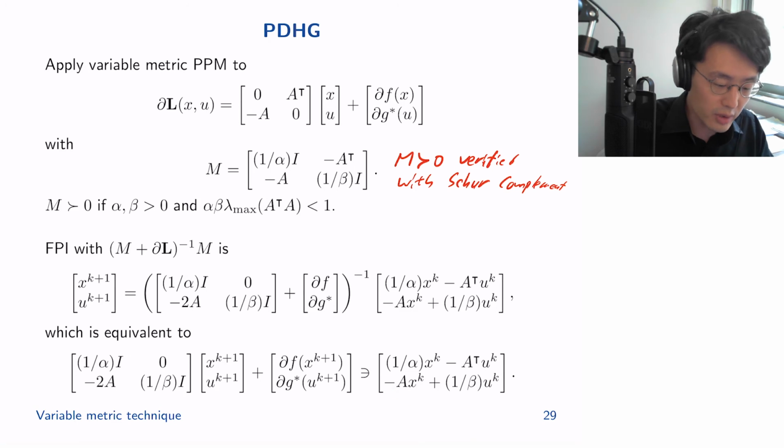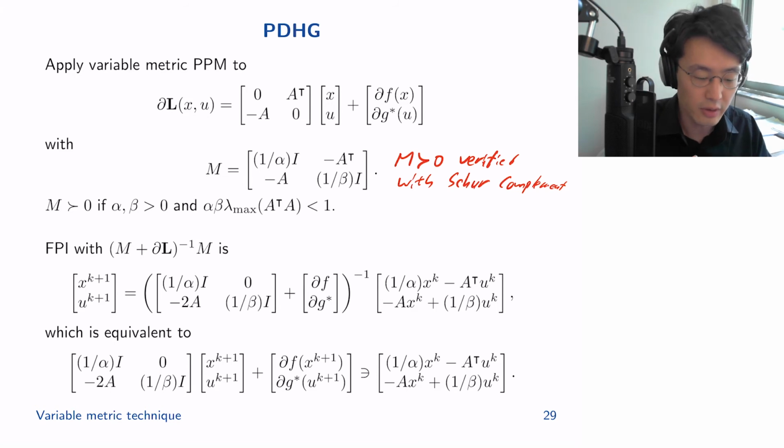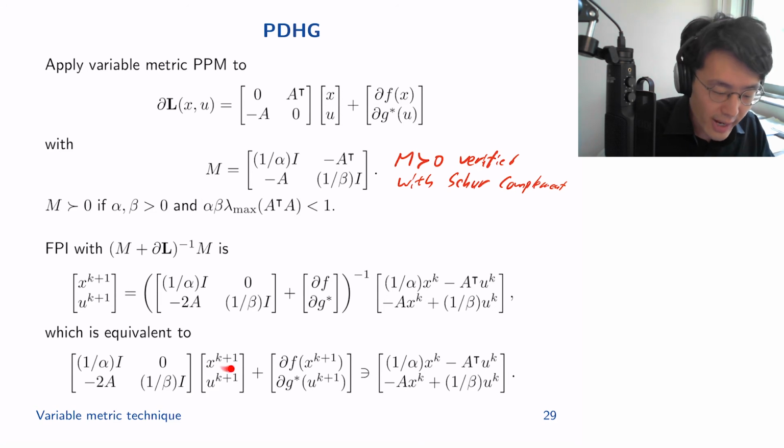So then the next question is, how do we solve for xk plus 1 and uk plus 1? Well, because this matrix is lower triangular, this system of inclusions has a lower triangular structure, so what we can do is solve for xk plus 1 first. So this system of inclusions can be understood as two separate systems of inclusions. If you look at the first line, it involves xk plus 1.